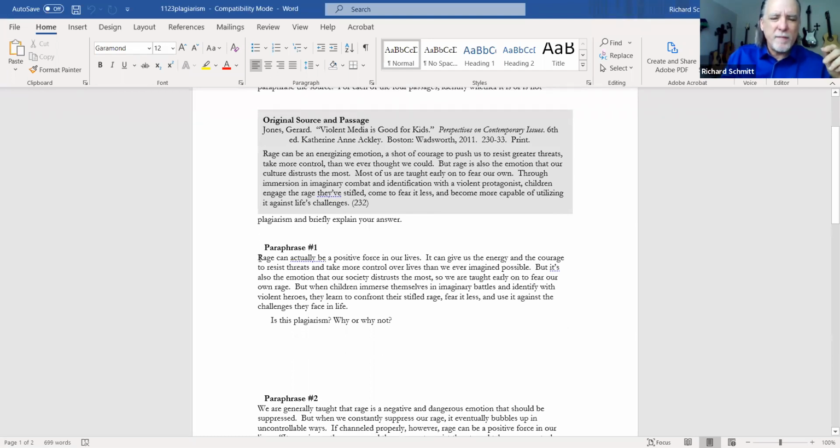But basically it would be if I say I was going to use this and I wanted to quote this here. There are some examples of patch writing in here, and so I did this and I said rage, super anger or something, can actually be a positive element in our lives.